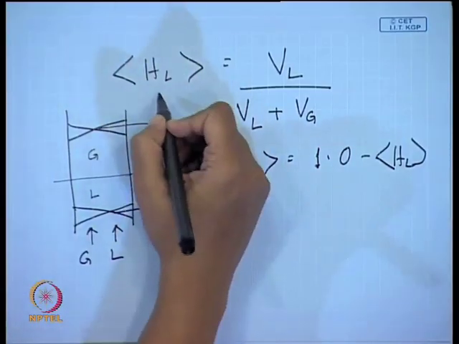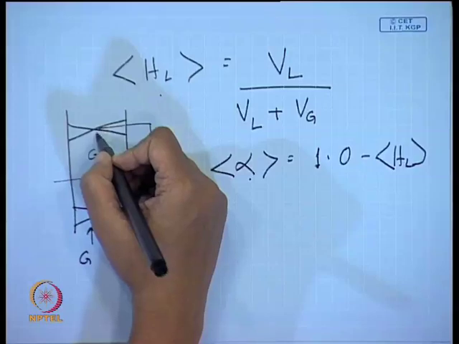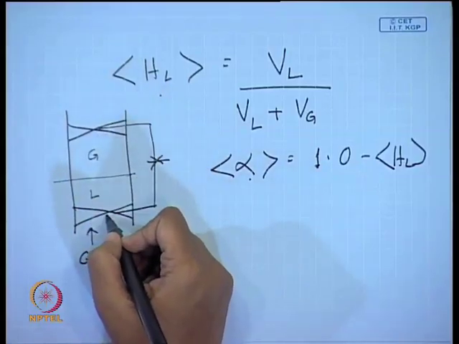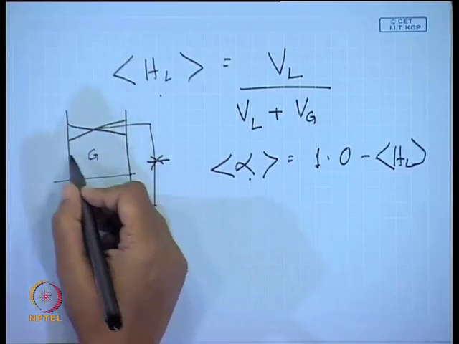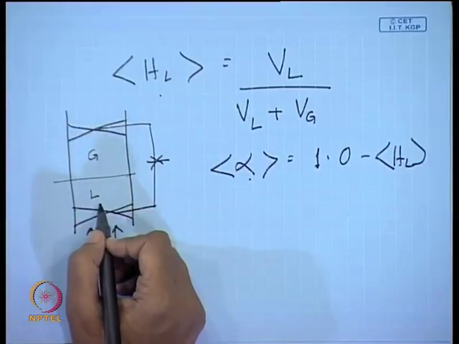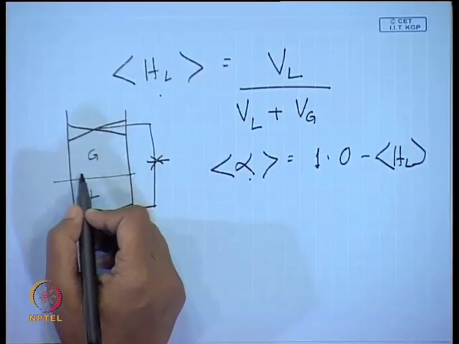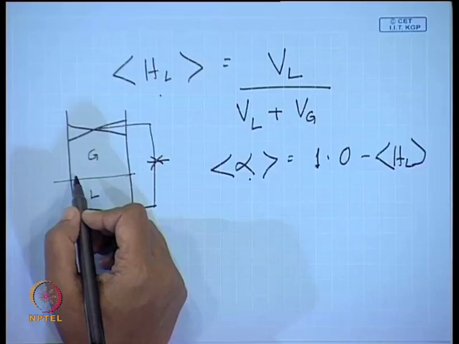Now, remember one thing, when the flow is not uniform, it is not possible for us to measure either alpha or HL over a large length of the pipe, as I have shown in this particular case. Under that circumstance, as you already know, we take a large number of infinitesimal measurements over say length dl, and then we can perform a time average at a given location.